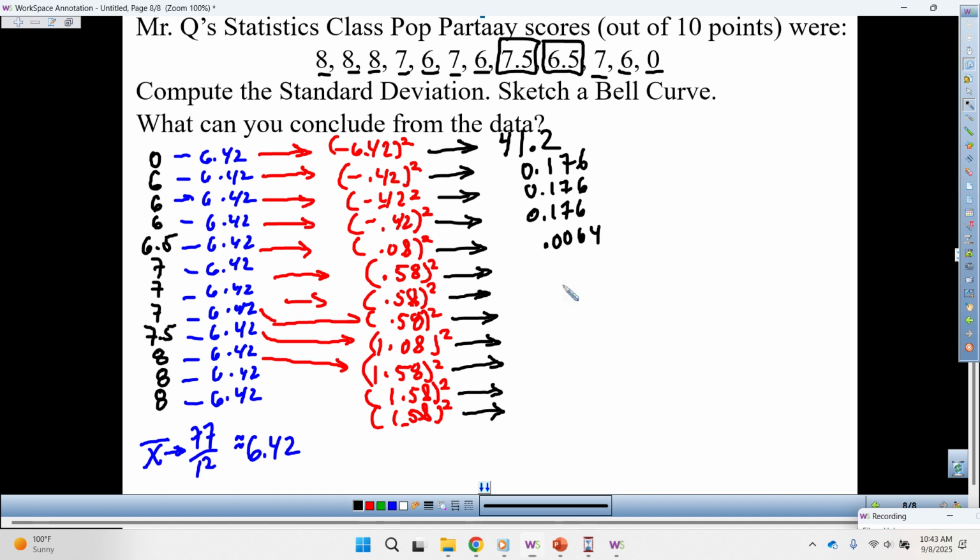More like it. Very good. Next, 0.58 squared. Pass them on. 0.3364. 3 times.